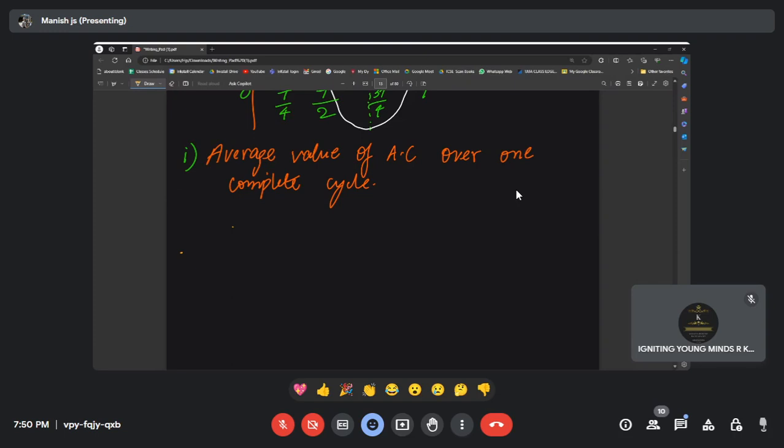So the average value of AC current for one full cycle is always zero. So I average is zero in this case.